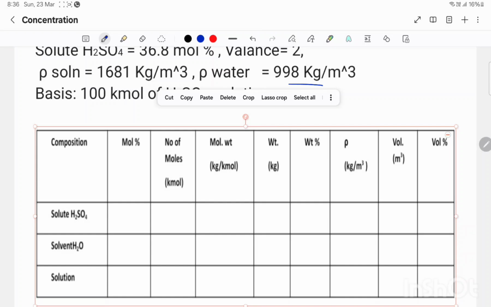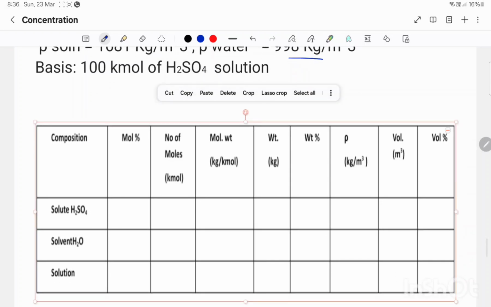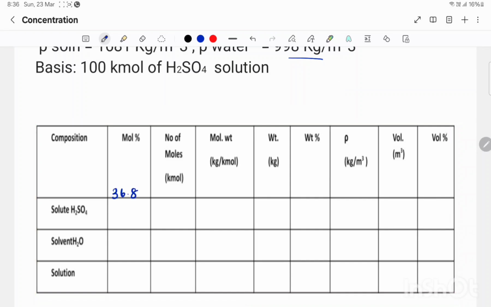So in the given problem, the solute concentration is given as 36.8 percent, and we know that the total is 100, the total mole percentage. So we can easily find the solvent: 100 minus 36.8 is 63.2 for solvent.